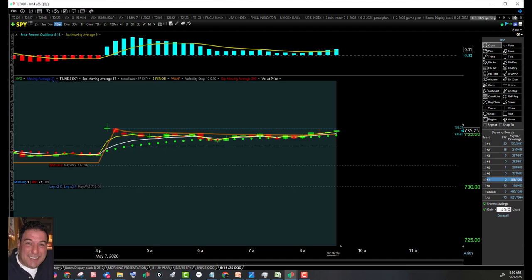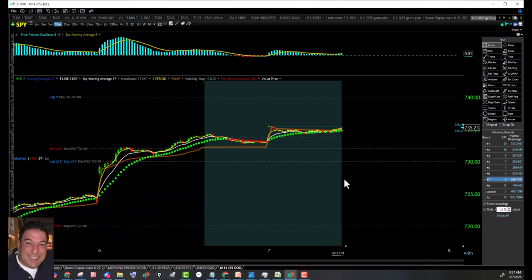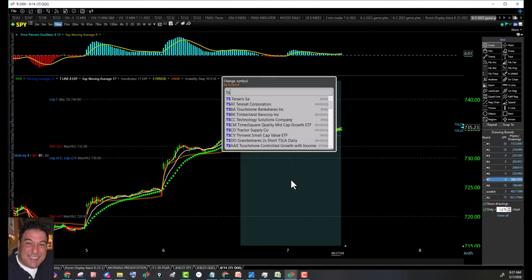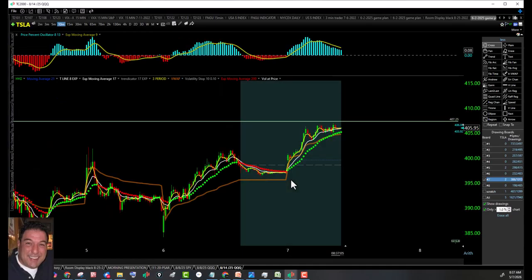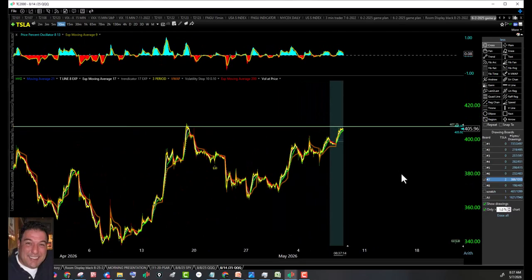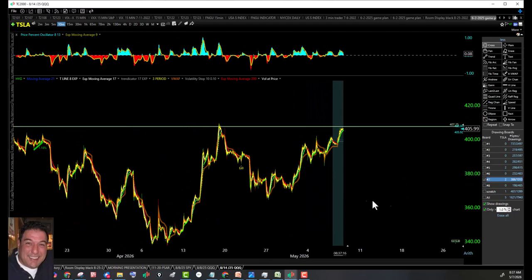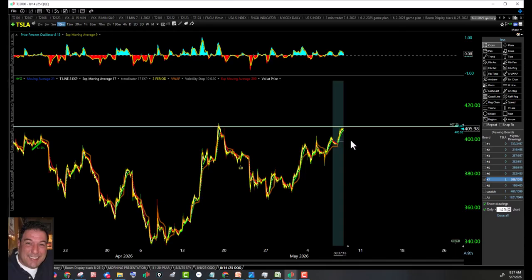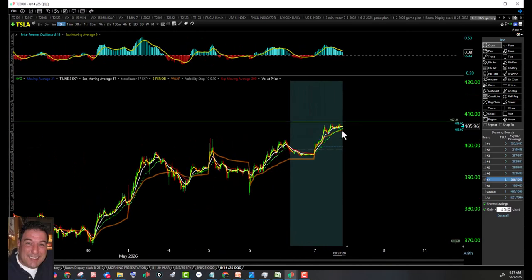Tesla might work today. You can take a peek at Tesla. Yeah, nice flag there. I'd be looking for a breakout on that one. You're up at a prior high, just bear in mind. But I do like the consolidation instead of bouncing away.